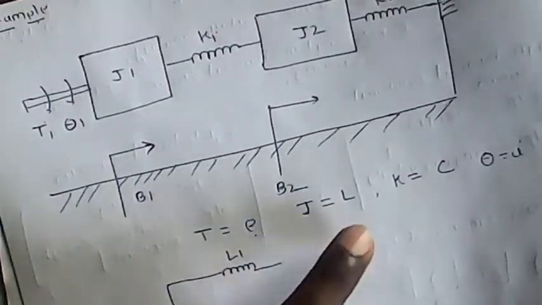This friction can be mapped to R, so friction is mapped into R.